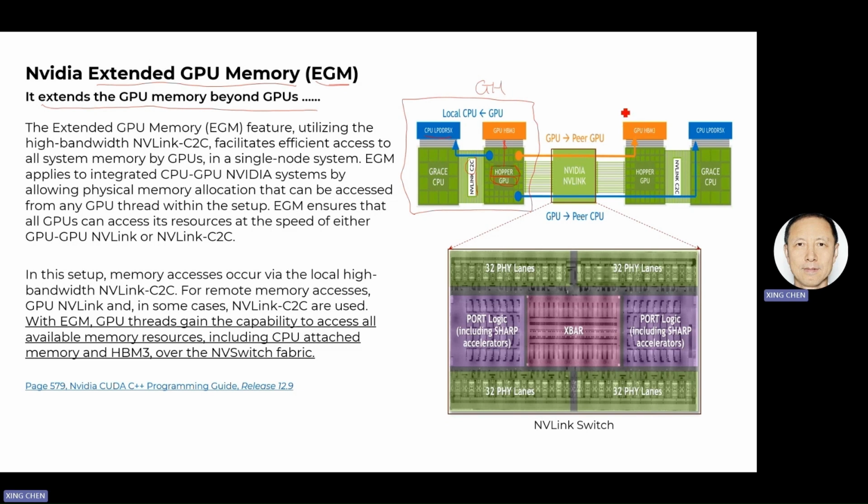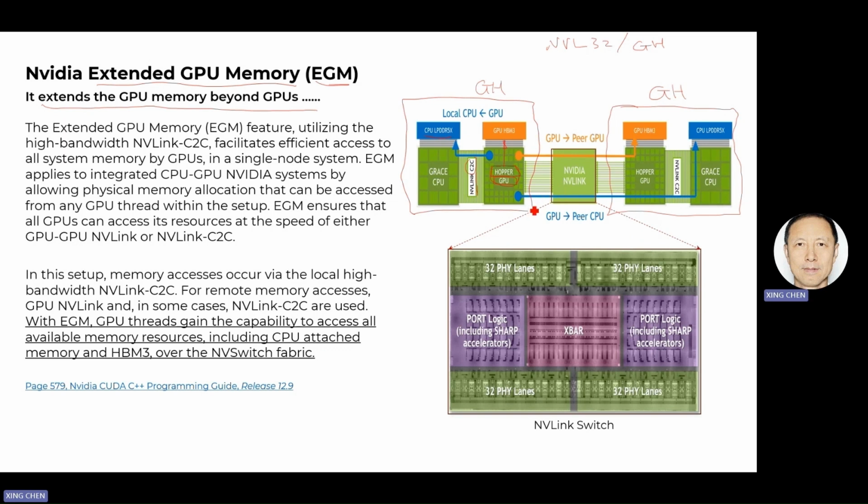Now you have a second Grace Hopper superchip. It's here. If you have an NVL32 system with Grace Hopper superchips, you are going to have a system with 32 Grace Hopper superchips, but the 32 Hopper GPUs will be interconnected by the NVLink network.